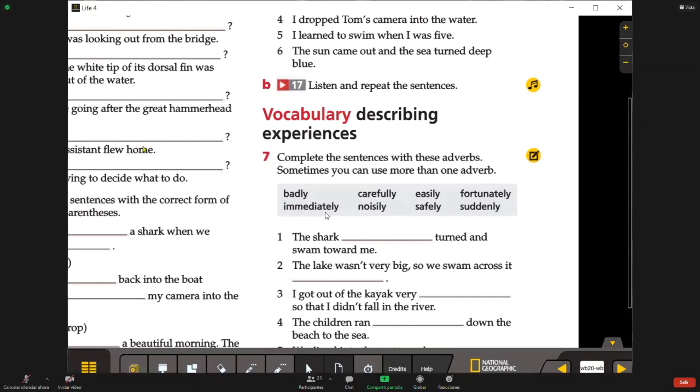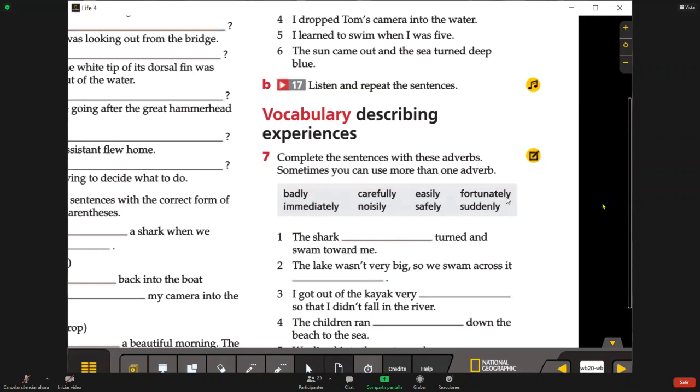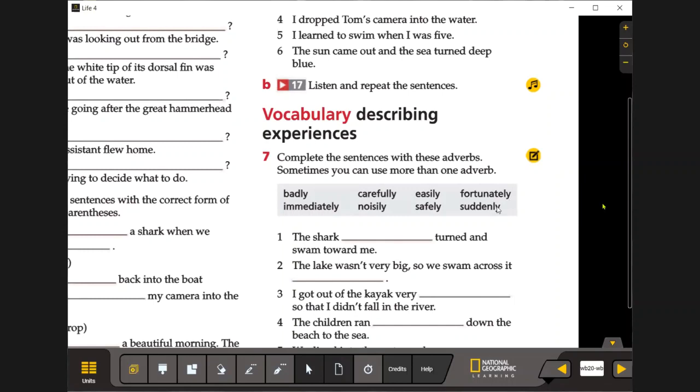Noisily? Noisy. Easily? Easy. All right. And safely? Safe. Okay. Fortunately? Fortunate. And suddenly? Sudden. But that's okay, because let me tell you that most of the times we just need intuition to get these words. That's all what you need, intuition.